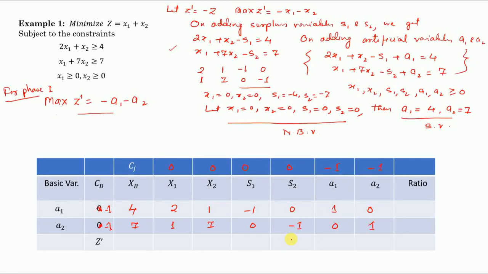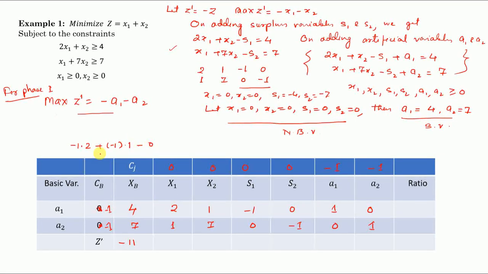Now we have to calculate z dash in the same way. This is the product of cb and xb: -4 -7, this is -11. This is the value of z dash, and here you will calculate zj minus cj. For this one, again cb x1 minus cj. First I calculate this first value: -1 into 2 plus -1 into 1 minus 0.